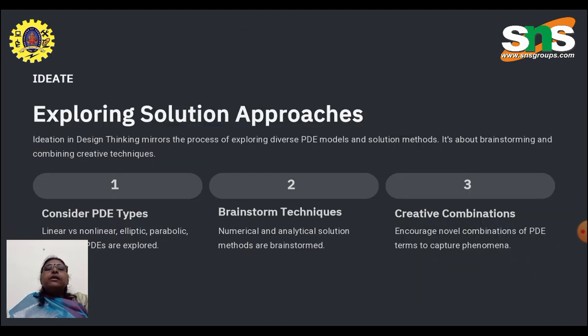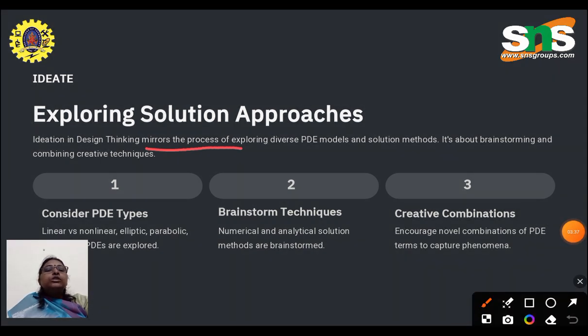The next stage is ideate, where we are exploring solution approaches. Ideation in design thinking mirrors the process of exploring diverse PDE models and solution methods. Here we have 3 steps.